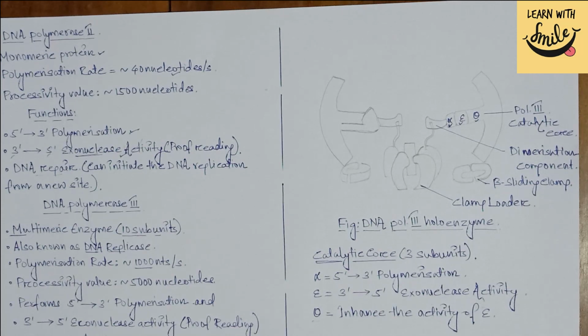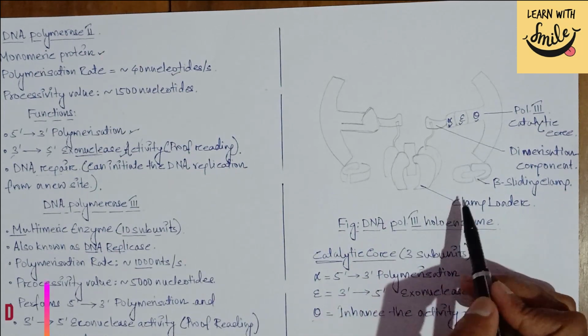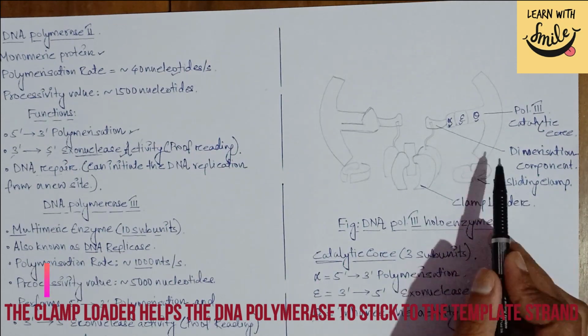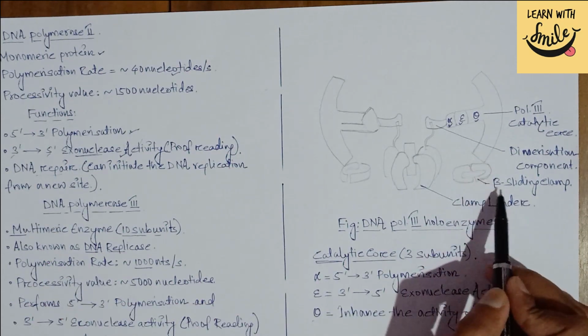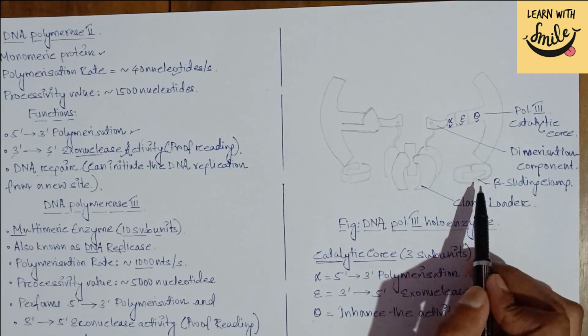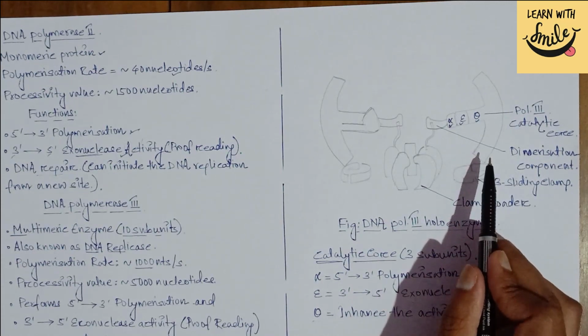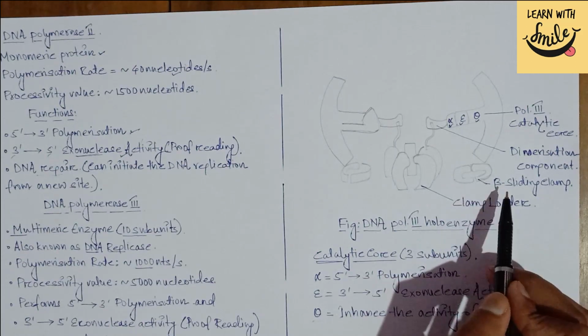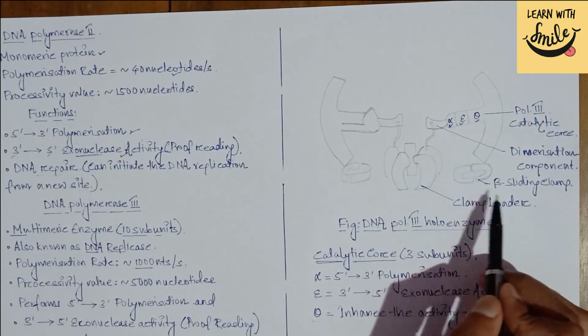So in order to inhibit this particular scenario and help the proper synthesis of the DNA strand, there is a clamp loader which helps the DNA polymerase stick to the parental strand via this sliding clamp. That is, this beta sliding clamp, which we have in pair in DNA polymerase 3, slides along the parental DNA strand, which is acting as a template strand.